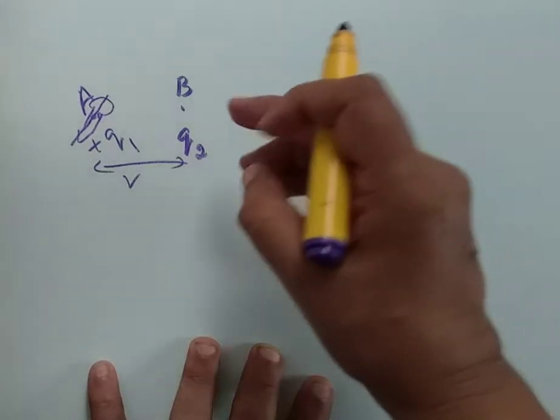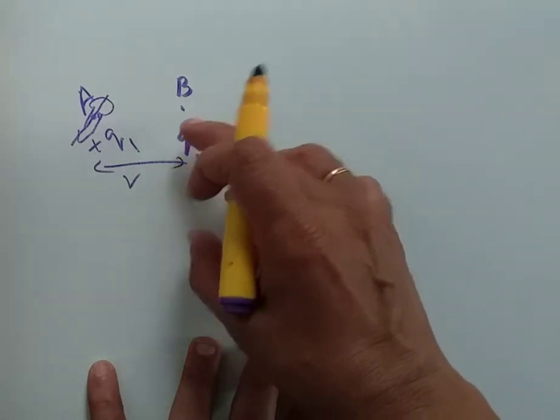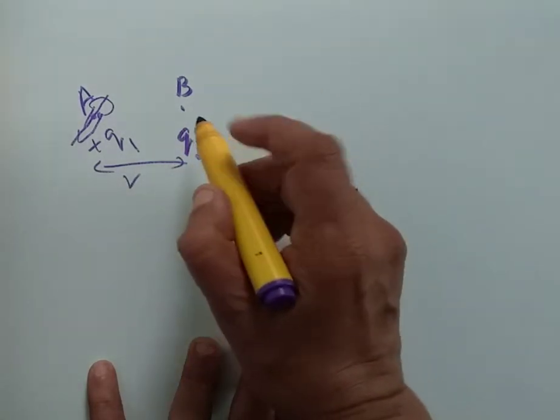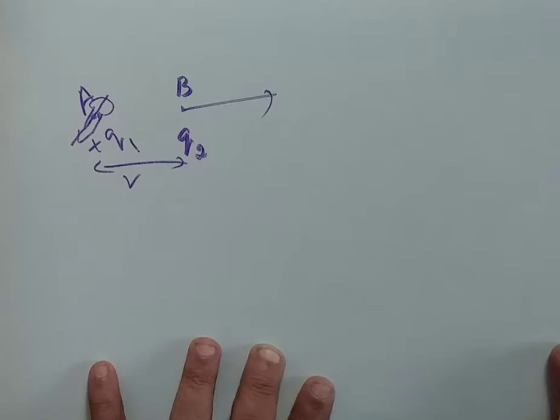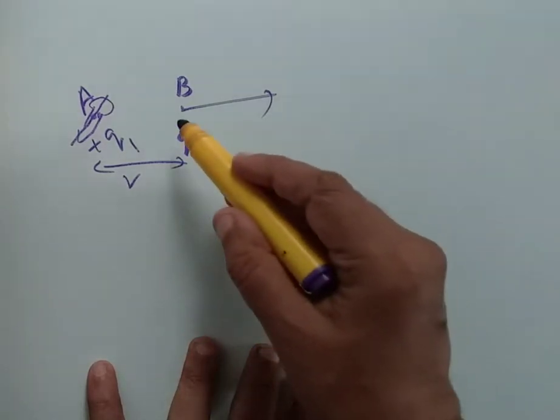As we bring in the charge and place it at Q2, if we leave our hand, it starts flying up like this. That flying off shows it has kinetic energy. But from where is that kinetic energy there with the charge? That is because of the work we have done to bring the charge to B.